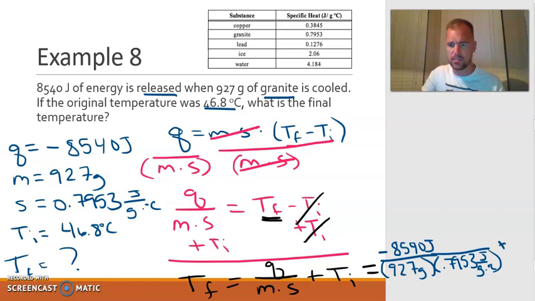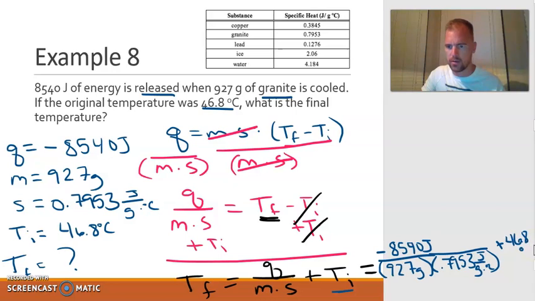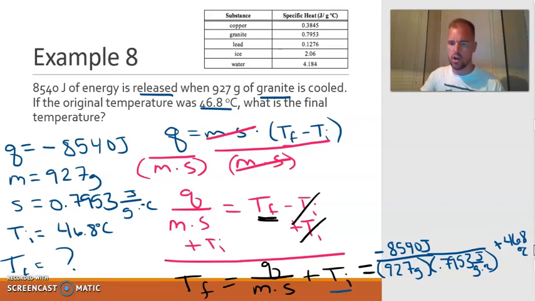And then finally, plus the initial temperature. What was the initial temperature? 46.8 degrees Celsius. All right. So before I do the math, the joules are going to cancel, the grams are going to cancel, and the degrees Celsius, because it's going to end up flipping up, so I'll end up being in degrees Celsius.